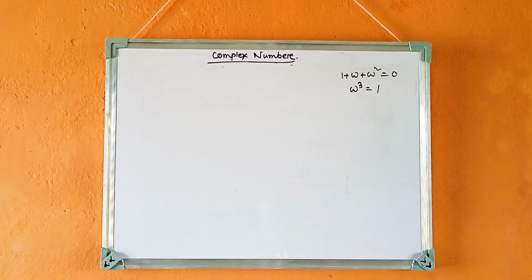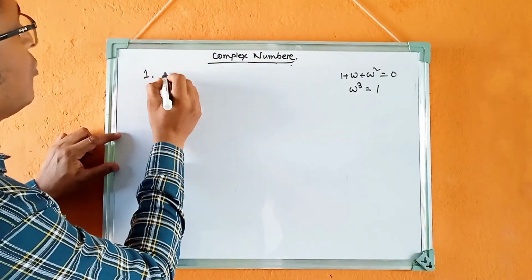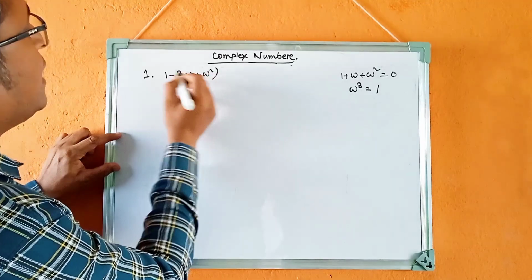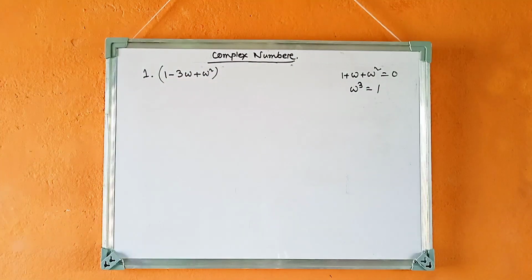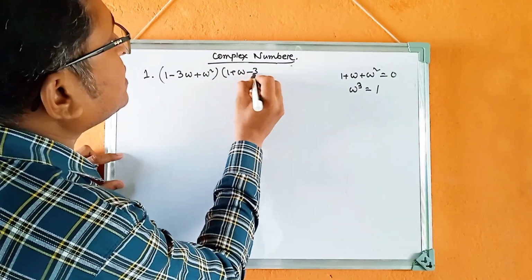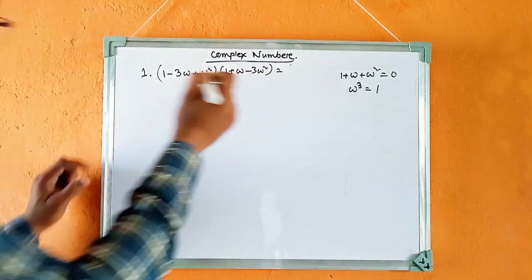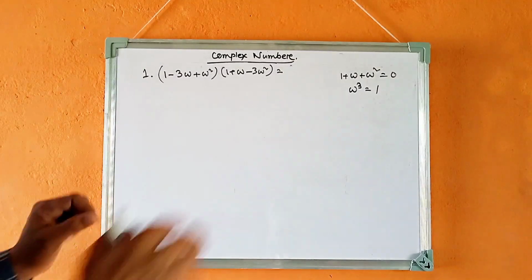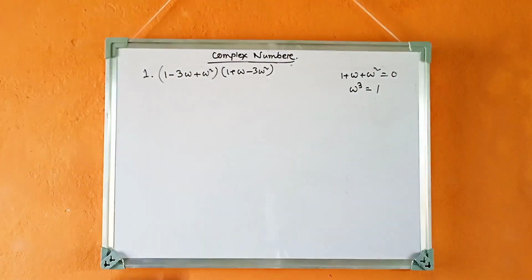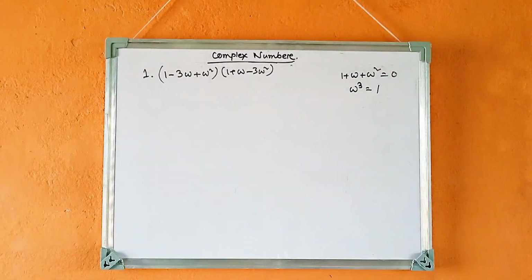1 minus 3 omega plus omega square, into 1 plus omega minus 3 omega square.